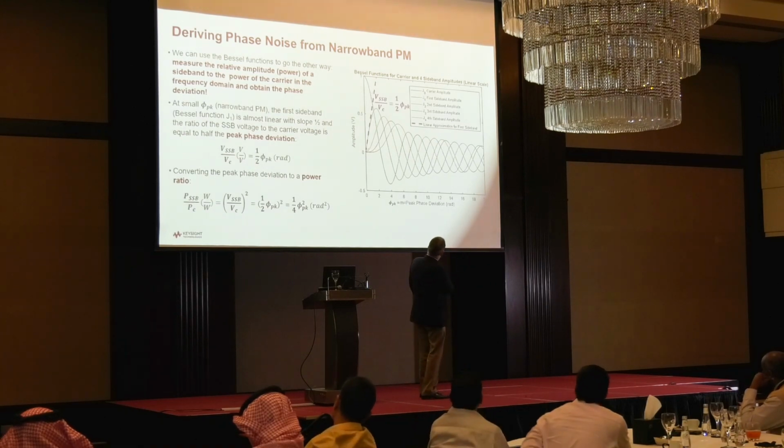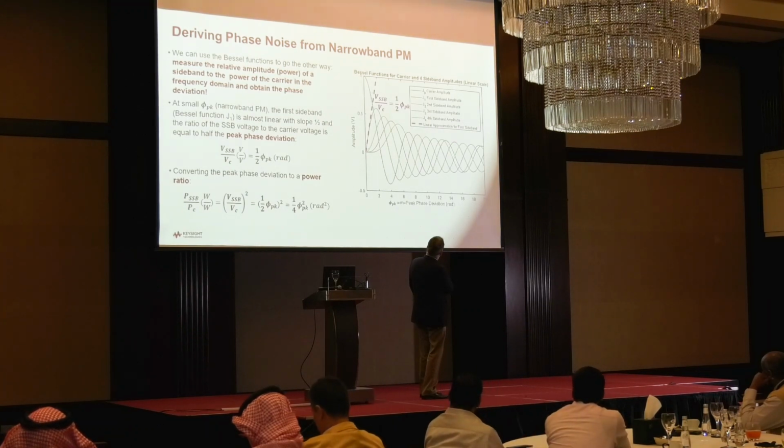So for small changes in phase, very close to the main frequency of interest, the slope of the first Bessel function, the first order sideband, is almost linear. It doesn't turn into a sinusoidal shape until maybe we get to 0.5 or 0.8 radians.